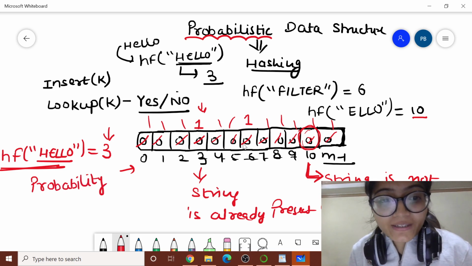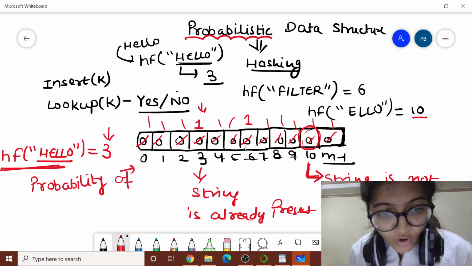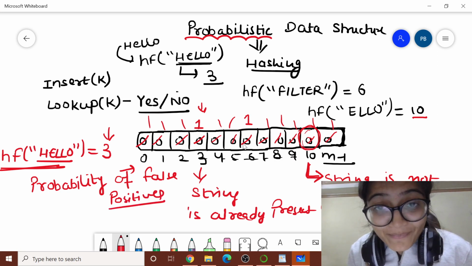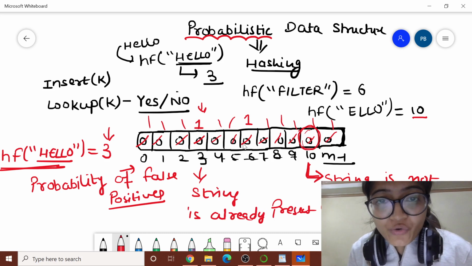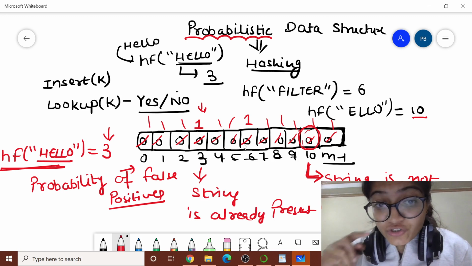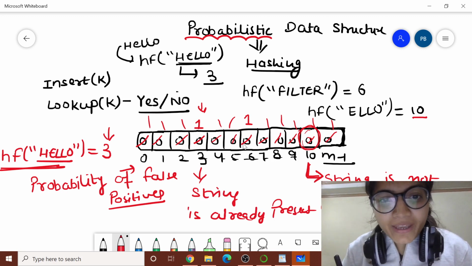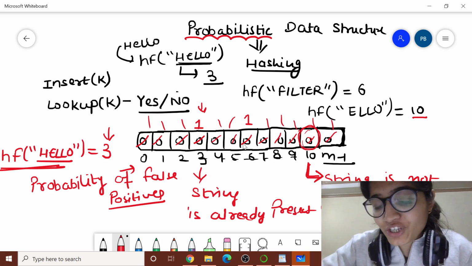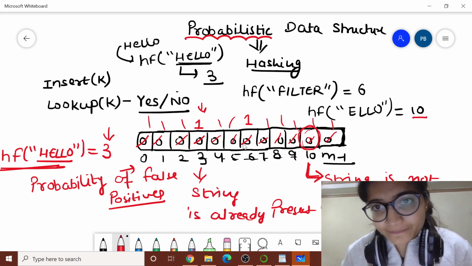We will evaluate the probability of false positives. What do we mean by false positives? It simply means that our result shows that the key is already present, but actually it is not present. This is something which we call false positives. So there might be a chance of false positives coming, and we evaluate the probability of false positives in a Bloom filter.